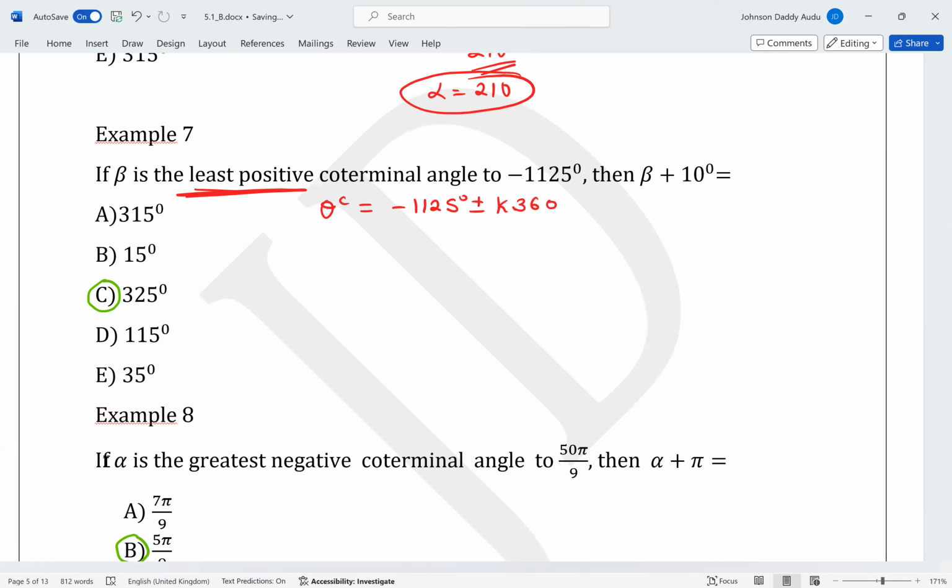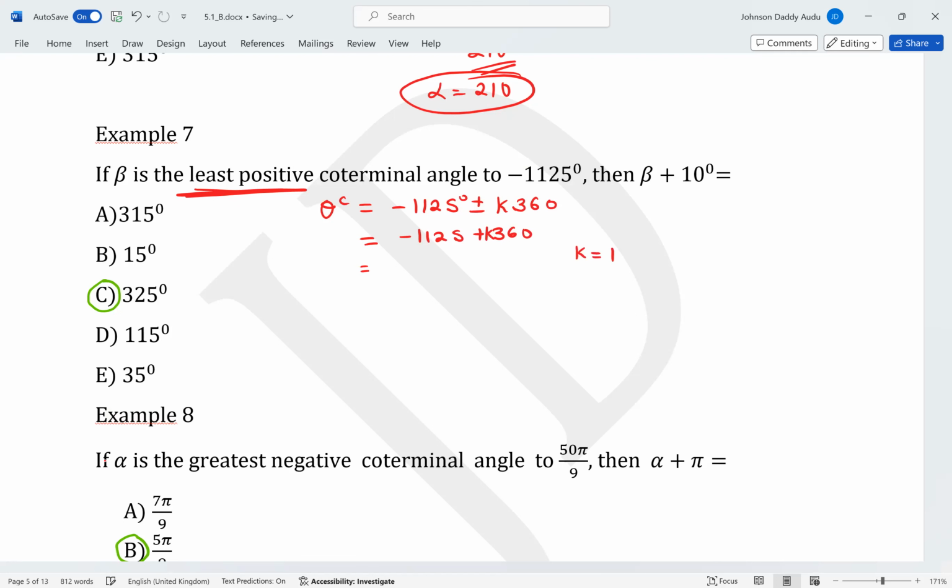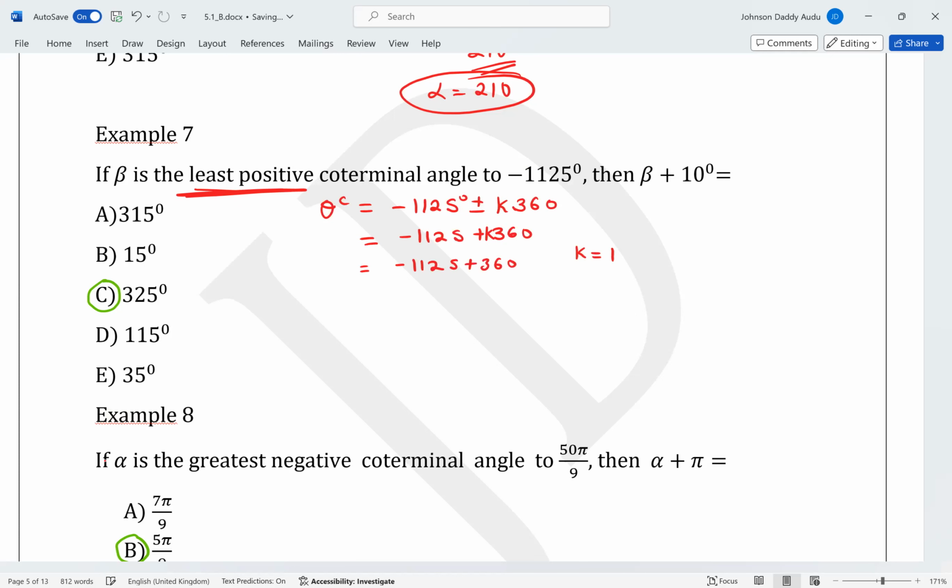Since we are looking for positive, it means we have to keep increasing. We have to use plus k times 360. So if we try k to be 1, this will become minus 1125 plus 360. But we know that this number is still less than 0, right?